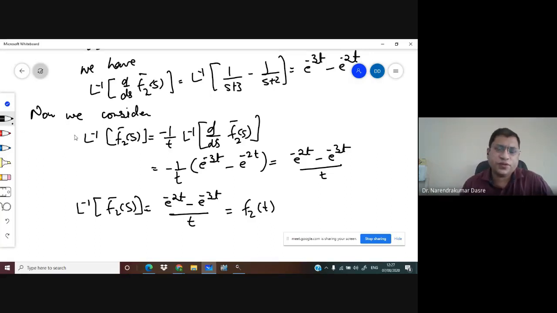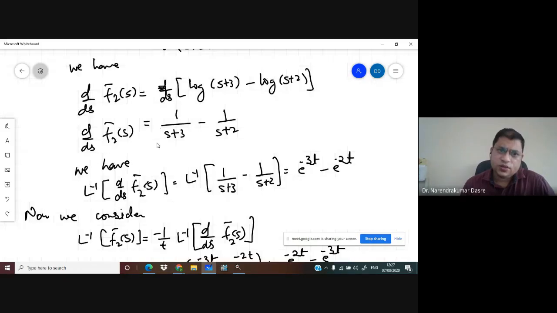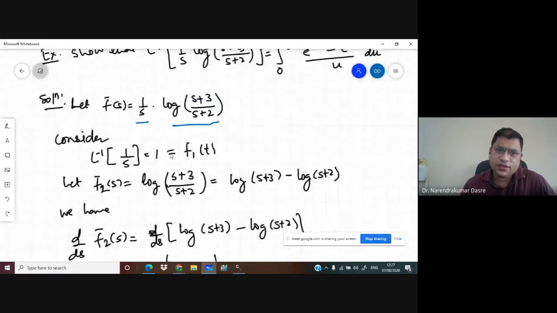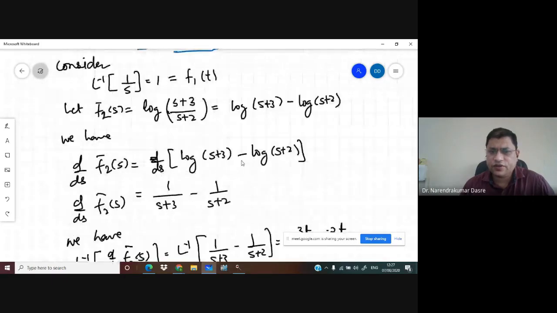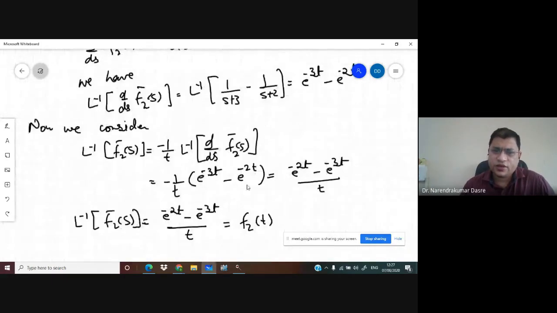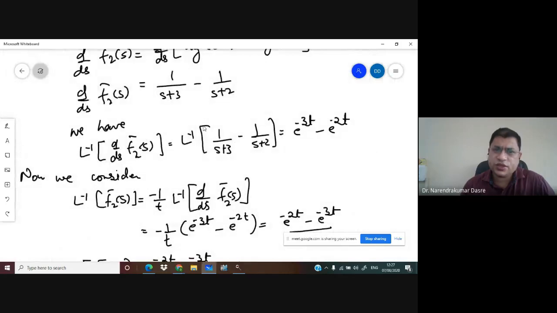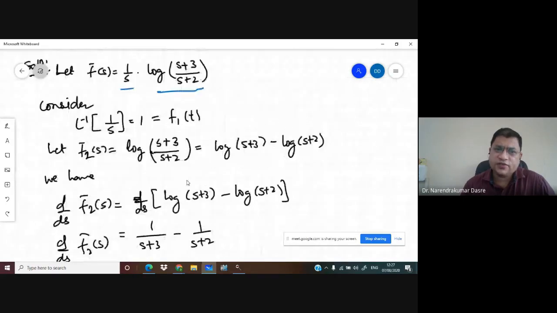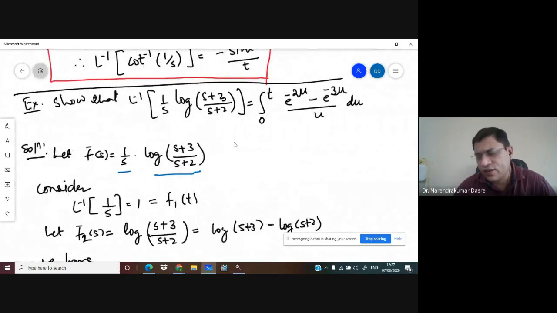So you can see that this is f1 of t, and this is f2 of t that we have calculated. If I want to use the convolution theorem, in one function we have to use u, and in the other function we have to use t minus u.